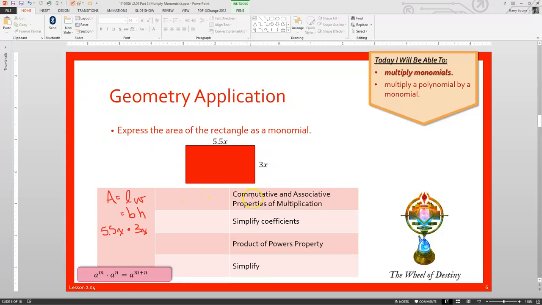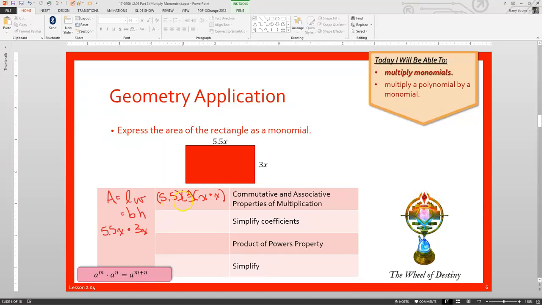So let's use those commutative and associative properties of multiplication, basically meaning that we can regroup things and move them around. So instead of rewriting this as 5.5x times 3x, let's group all those coefficients together. 5.5 times 3, and then the variables, sorry, x times x.